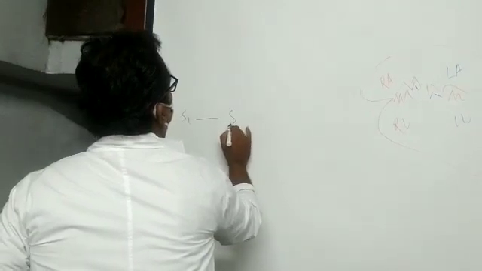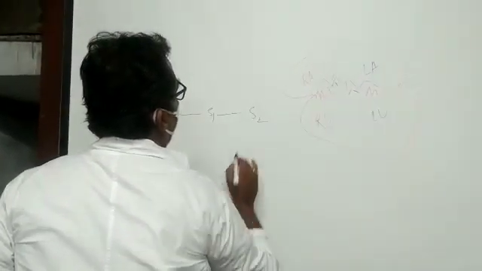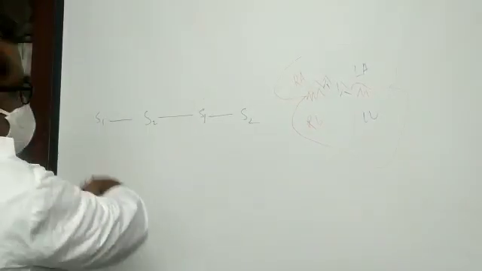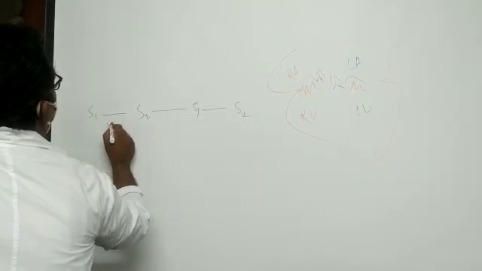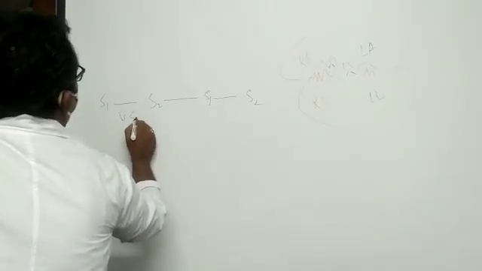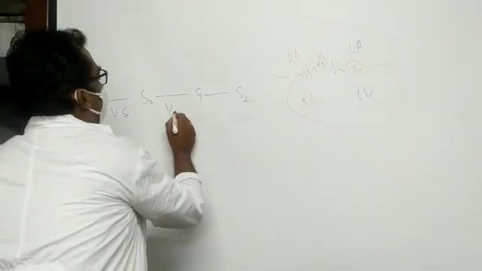Then S1, S2, again S1, again S2, they form in this cyclical order. Now S1 and S2 is the ventricular systole, and S2 and S1 is ventricular diastole.